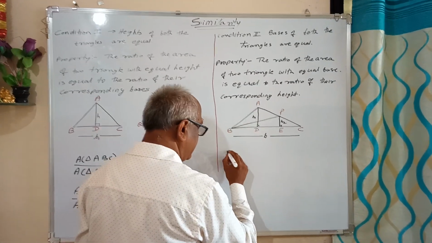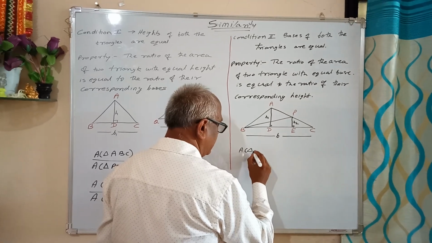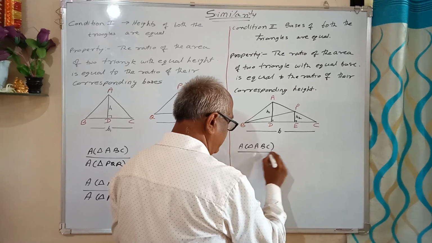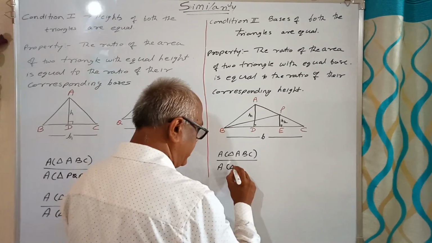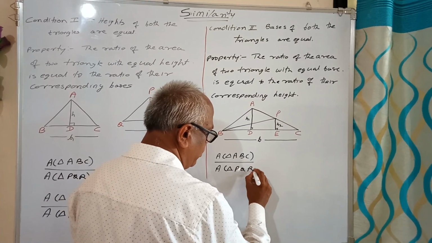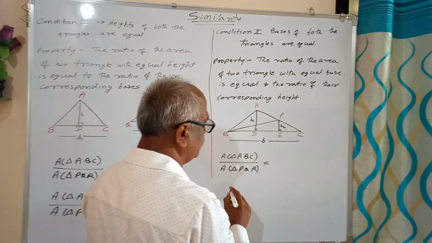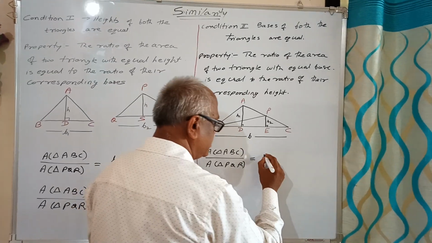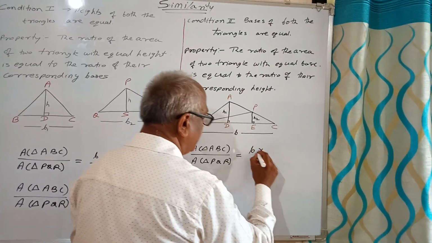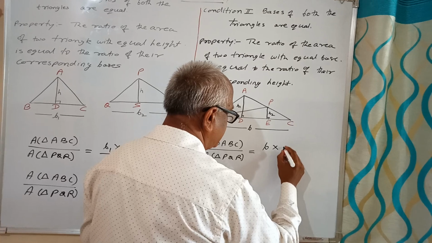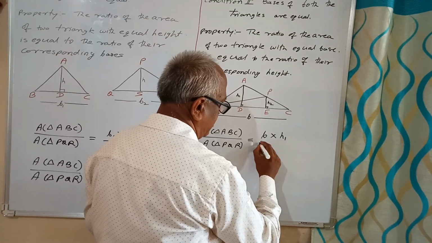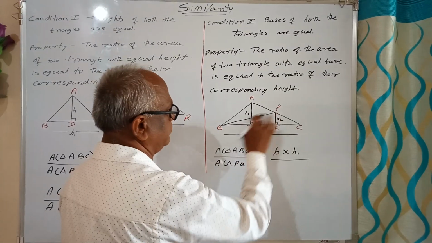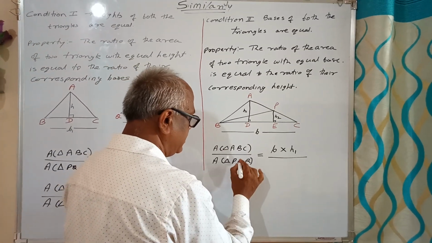Now area of triangle ABC upon area of triangle PBC is equal to, in triangle ABC, base BC, that is B, into height AD, that is H1, upon area of triangle PBC.